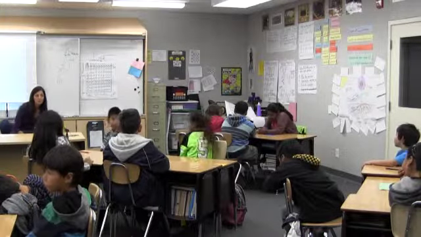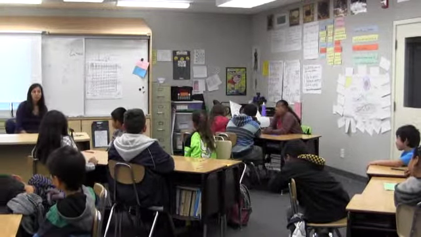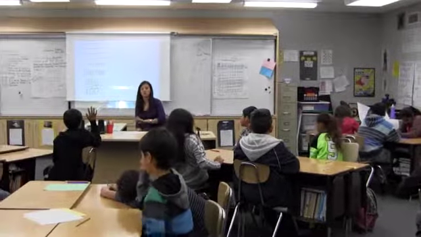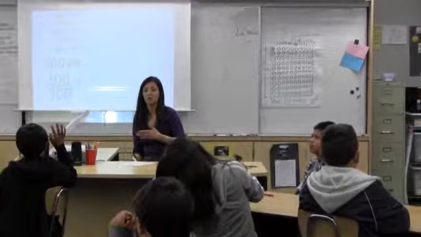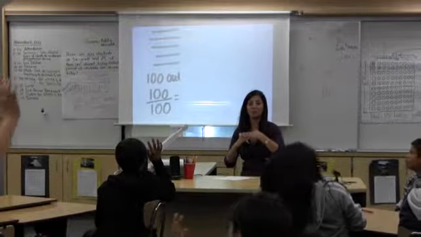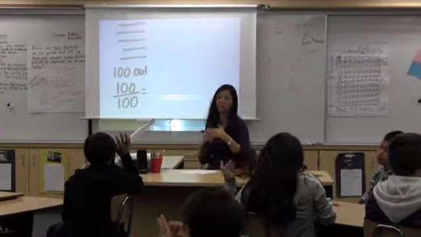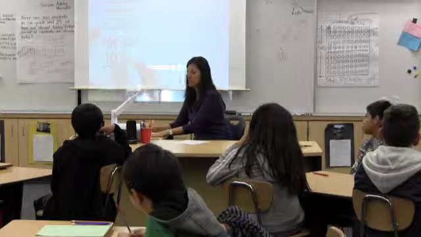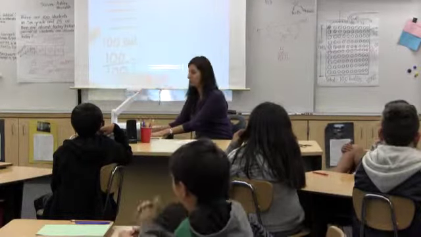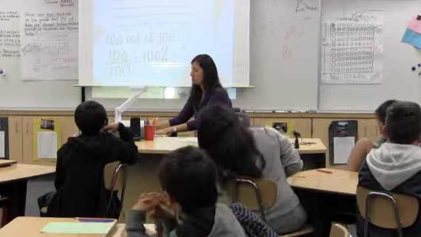Just think about your fraction in the simplest form. A number divided by the number itself. What should you get? Maritza? 1. Remember, that's when we say 100 over 100 equals 1.